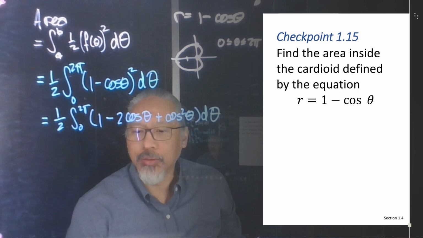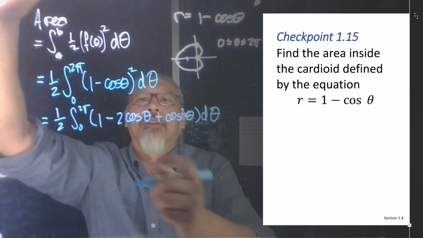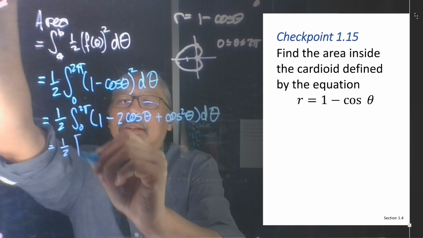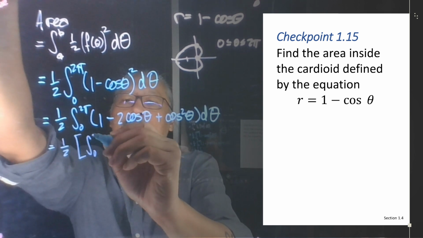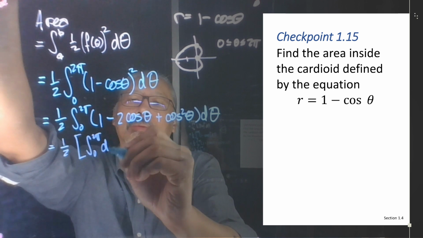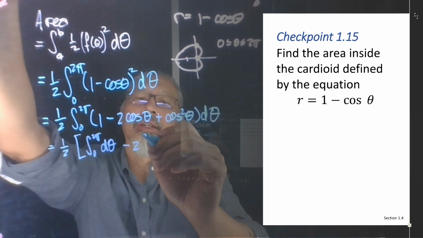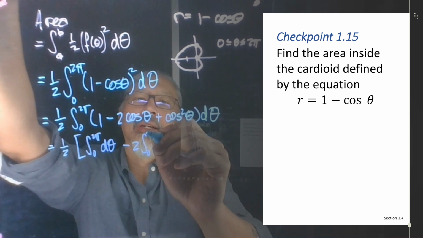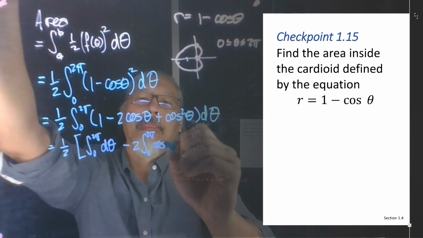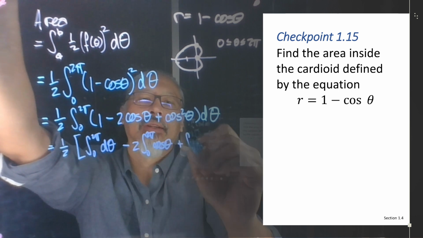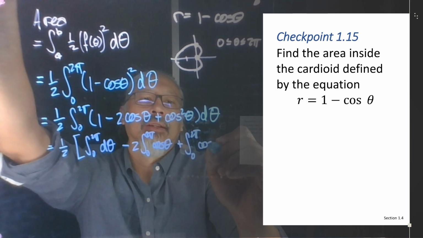So I don't know if we remember that, but the whole idea in breaking this up is that we can now split this up into 3 integrals. The first one is 1 times d theta. The second one will have a 2 on the outside, cosine theta, and then the last one, the 1/2, is all the way out here, so let's not worry about that. And this is where we get the double angle formula.